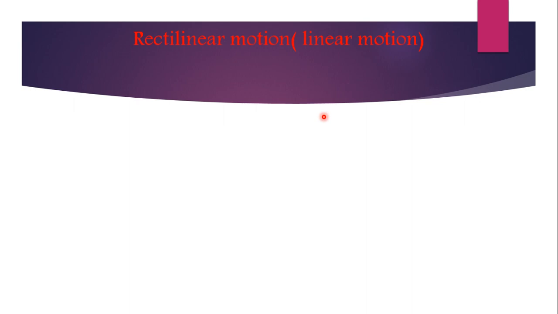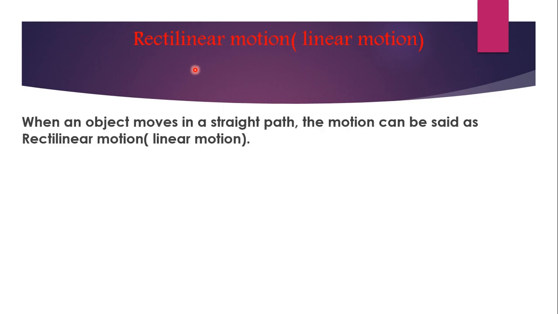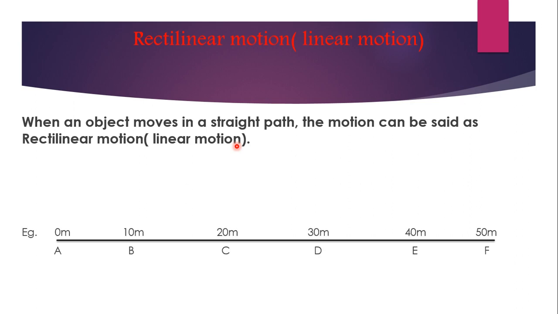What is rectilinear motion? We have already defined it once: when an object moves in a straight path, the motion can be said to be rectilinear motion or linear motion. For example, here there is an object which is at position A and it starts from rest, so it has not traveled anything.